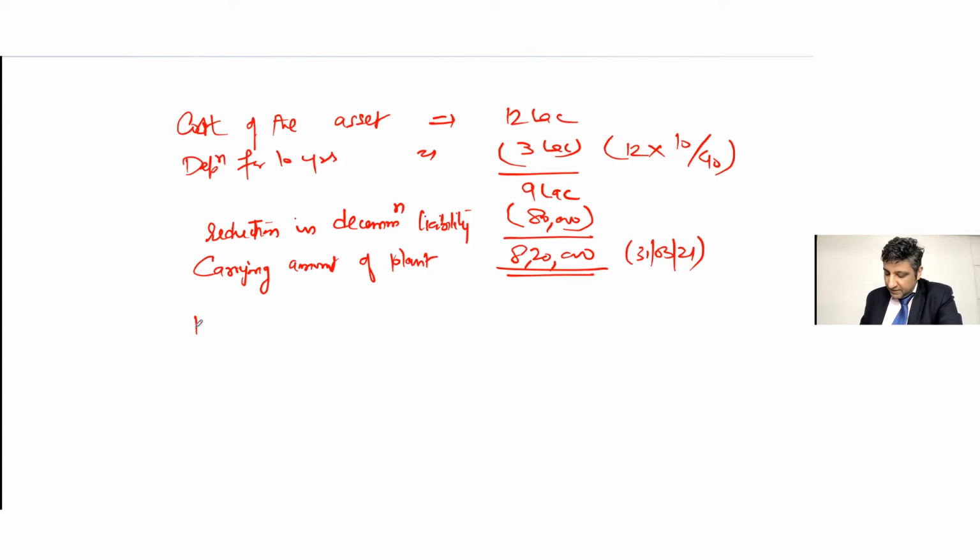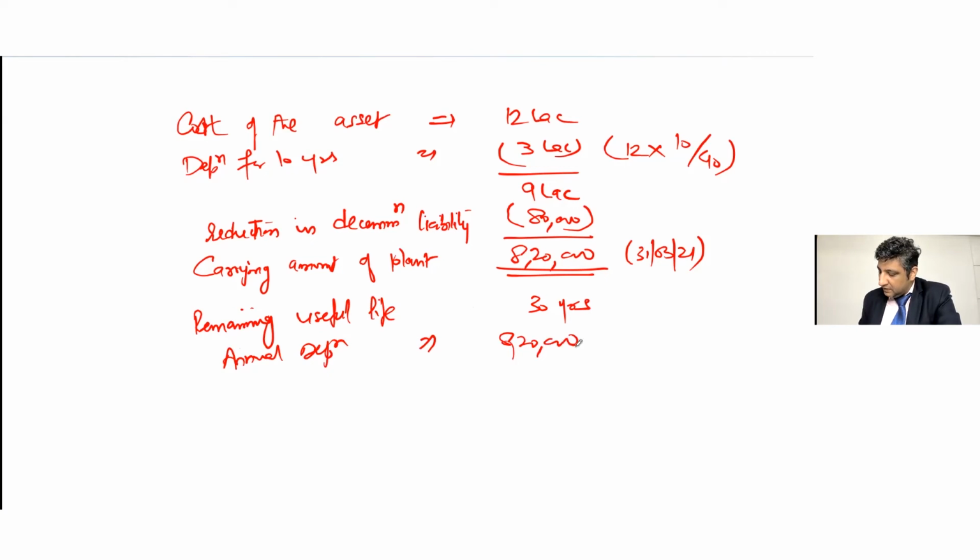So my remaining useful life is 30 years, which means that my annual depreciation will be 8,20,000 divided by 30. Let's do this calculation on the calculator. Eight lakh 20,000 divided by 30.